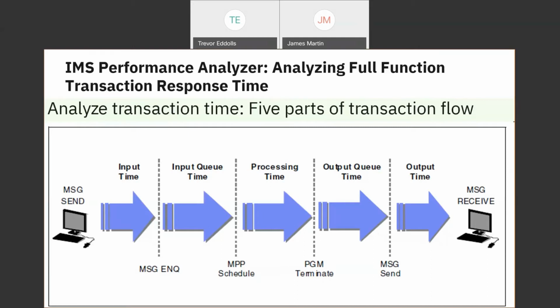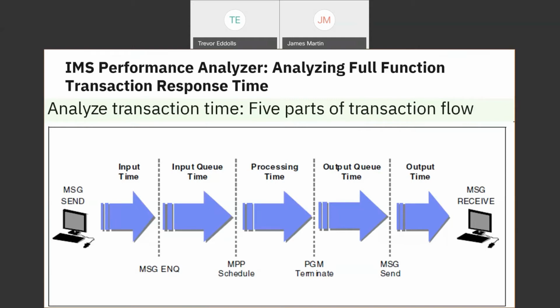Because the overall IMS total time can also include work in other subsystems like DB2 and MQ and things like that as well. So if we're looking specifically at IMS performance, a lot of times we have to break it down by input queue, processing, and output queue time, so we know how much time we're actually spending in IMS as opposed to how much time we're spending overall in IMS total time.